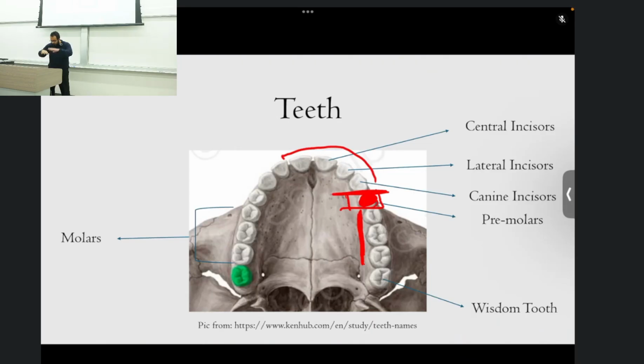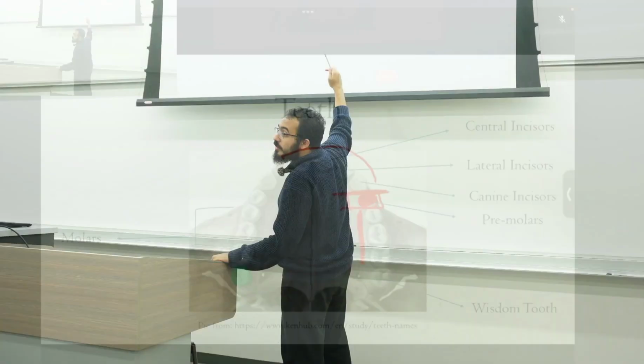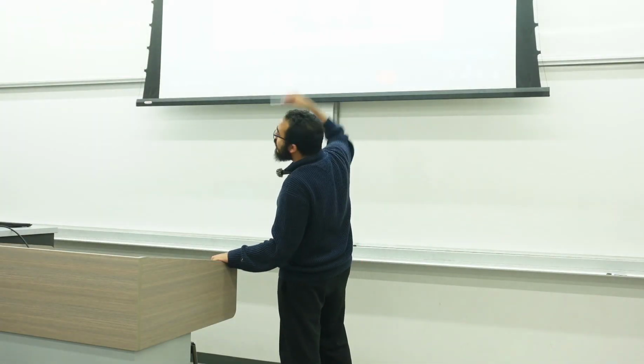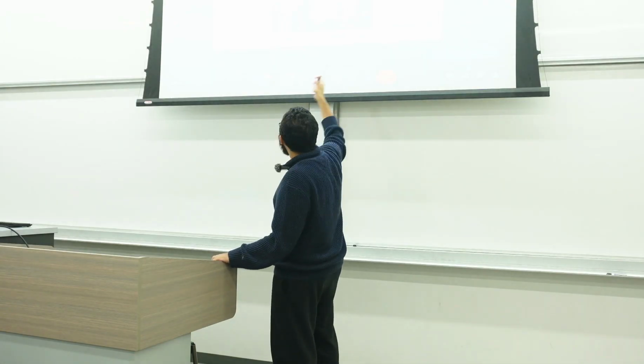What I want you to care about, there's a lot of information here, is the premolar. Why? Because the premolar is going to be important in 2 letters, the lam and dad. Okay? So, the premolar, then the 3 molar, then the wisdom tooth. Right? Then you have the 2 front incisors and the lateral incisor. Okay?